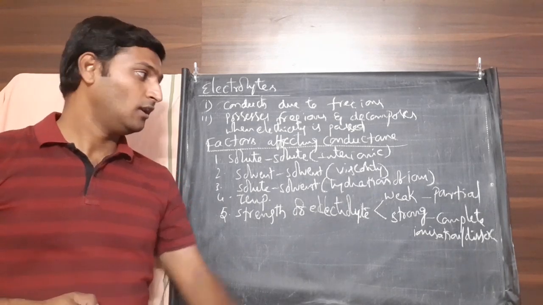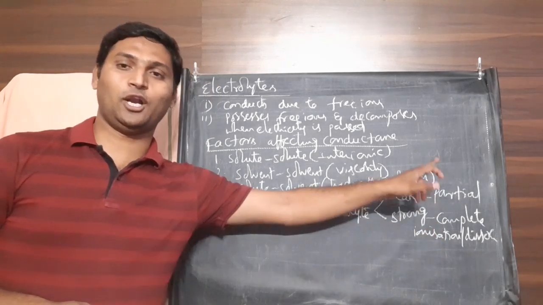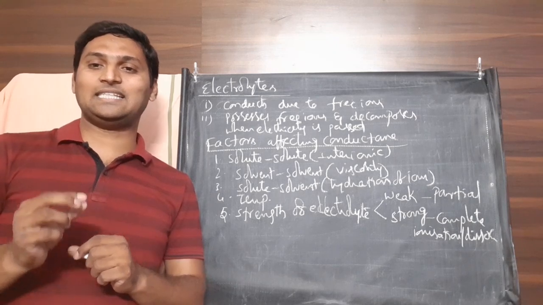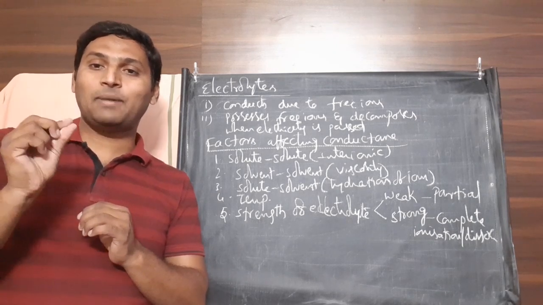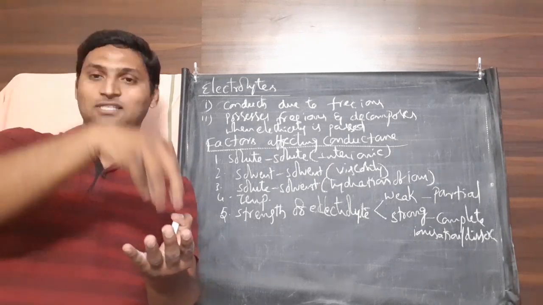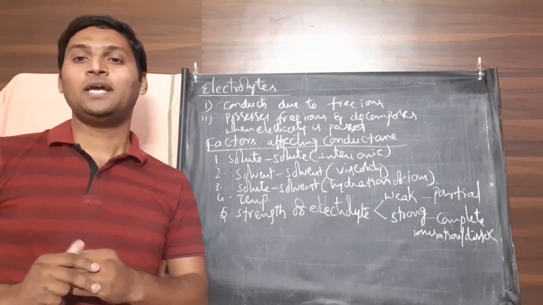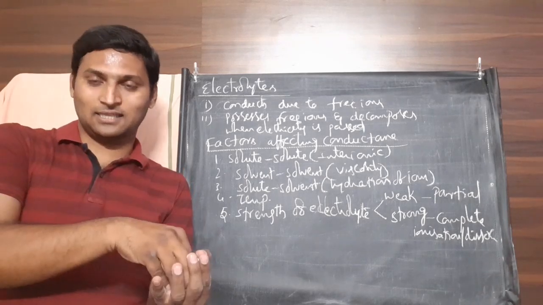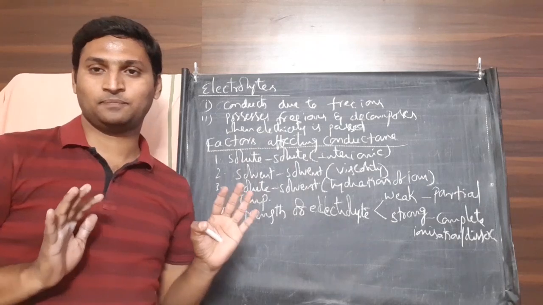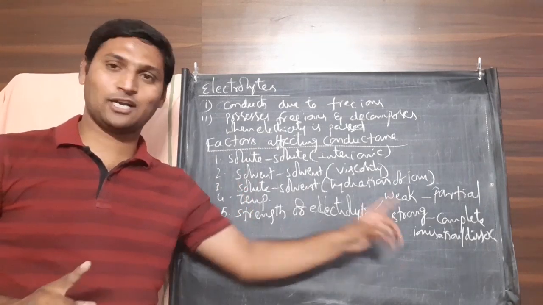Now the question is, what do you mean by complete ionization? What do you mean by partial ionization? Please understand, it is in terms of the number of particles undergoing ionization or dissociation among the ones dissolved. Means, if I dissolve 100 particles in the solution, if all the 100 of them break into ions, then you call it strong electrolyte.